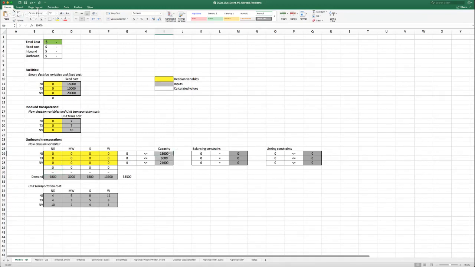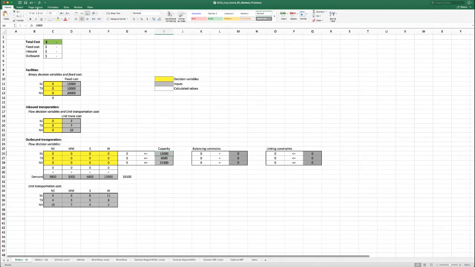Then also the units that are supplied from each distribution center should be less than the capacity. So this is the sum of all the supply from one DC to the different markets, and that should be less than the capacity. And finally, I added here the balancing constraint, the conservation of flow constraint, and also the linking constraint. Okay, so nothing new, and you should be familiar with this.